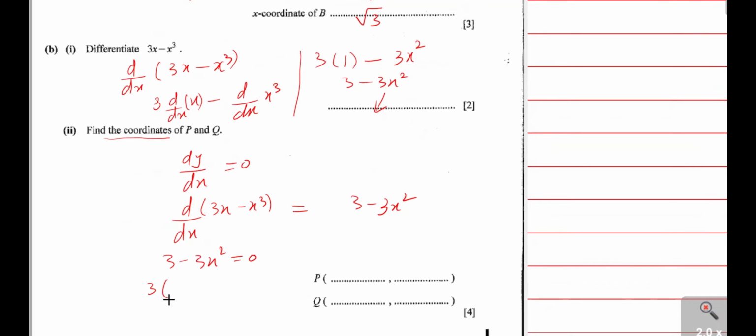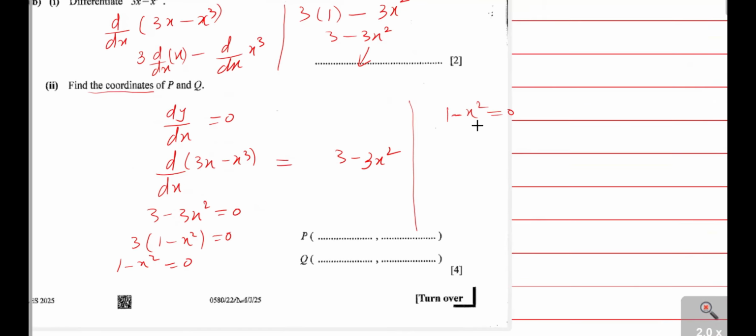We take 3 common, and we get 1 minus x square equals 0. We can write x square equals 1, and x will be equal to square root of 1, which is plus minus 1. So x equals plus minus 1.